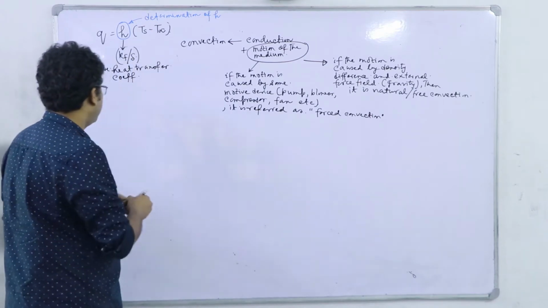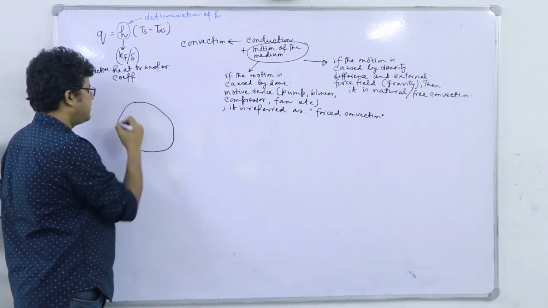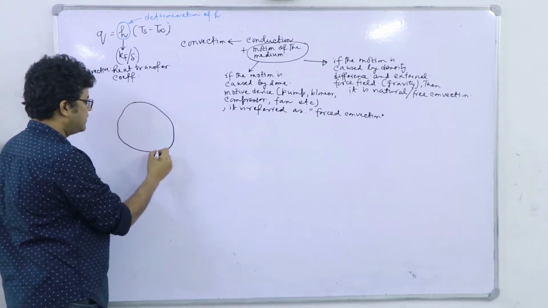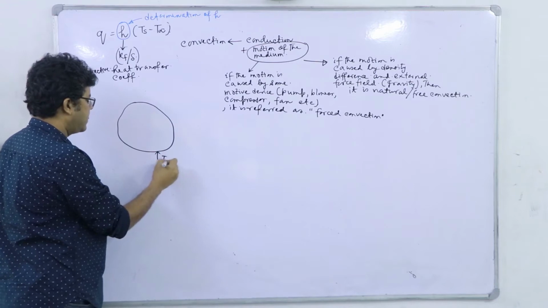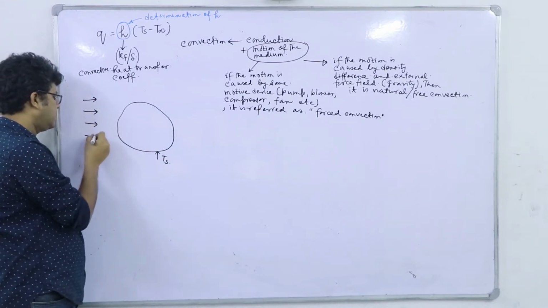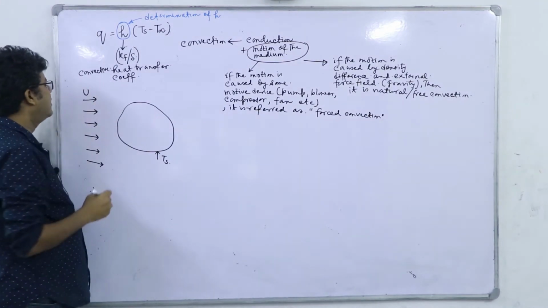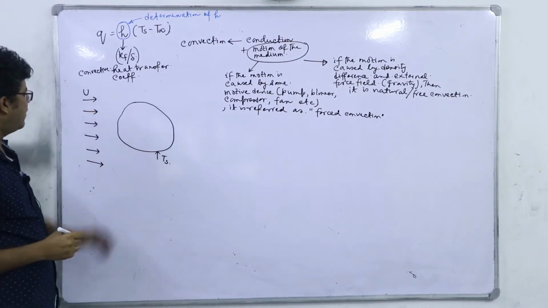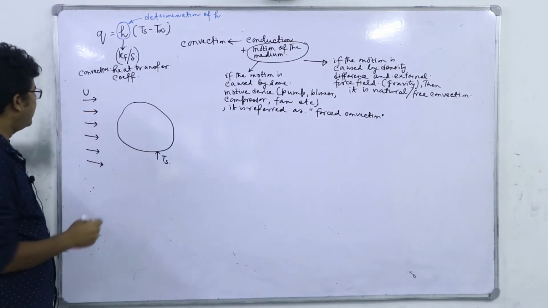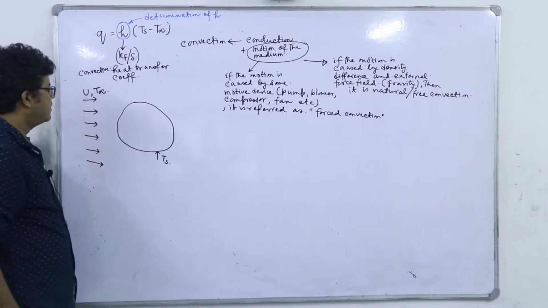Here, consider an object which has a surface temperature Ts, and a free stream of fluid moving over it which has a temperature T infinity.